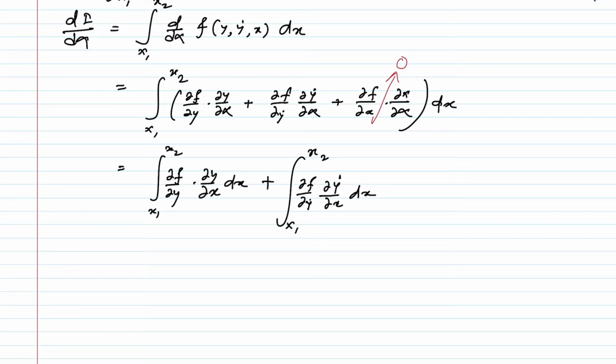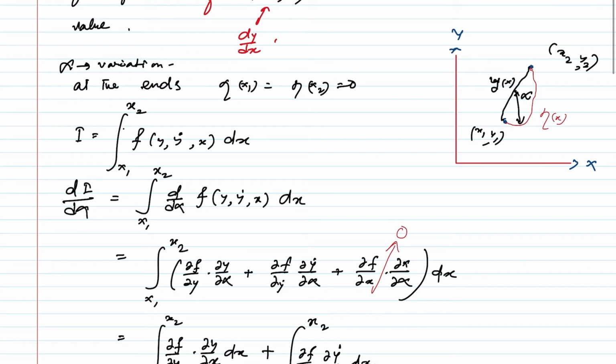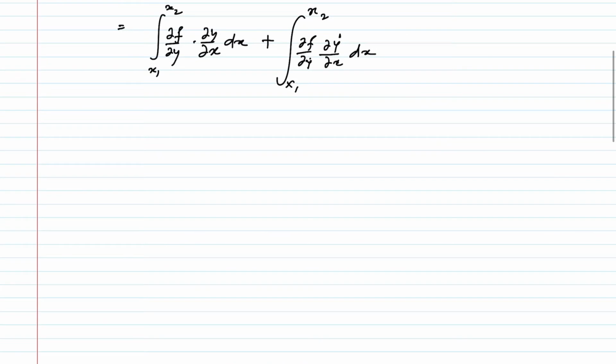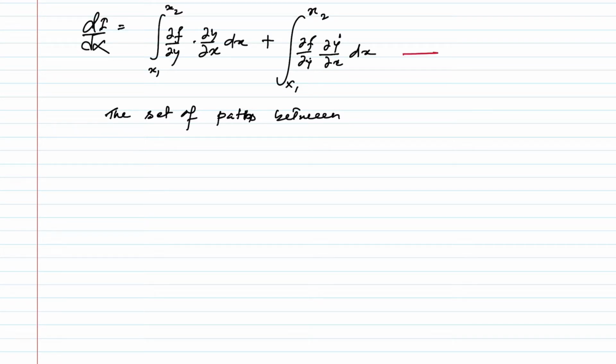This is dI by d alpha, suppose equation number 1. Now the family of neighboring paths between these 2 points can be represented by an equation.